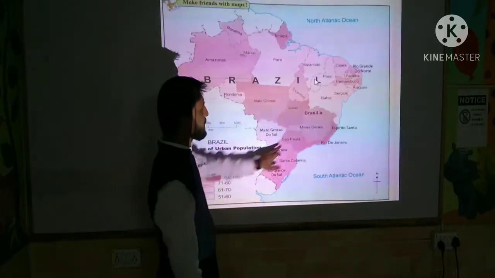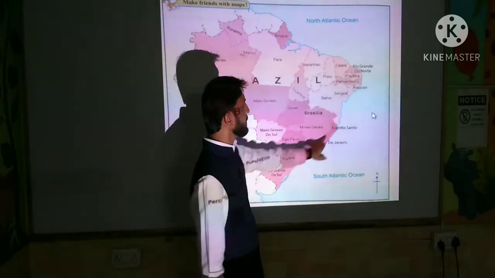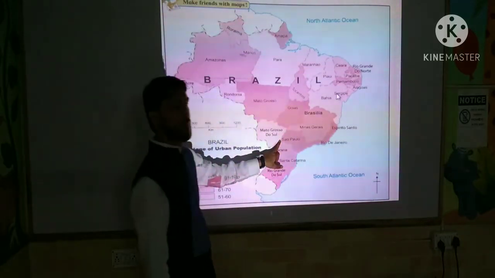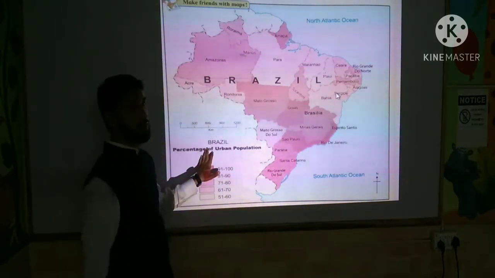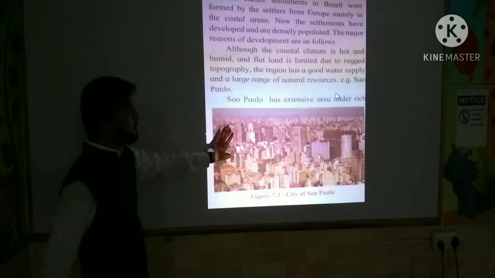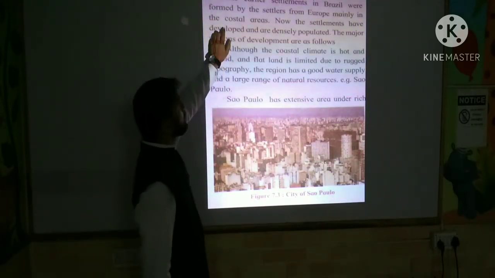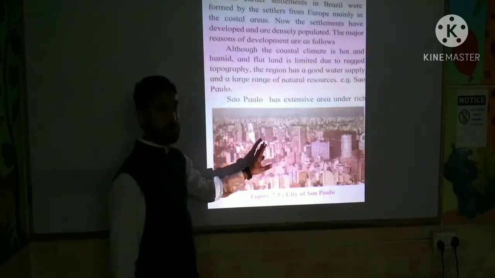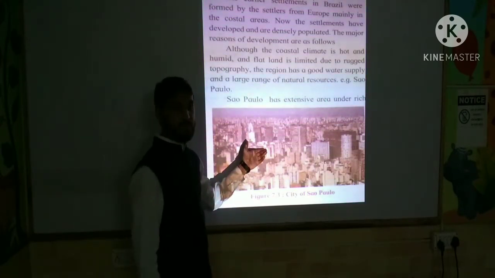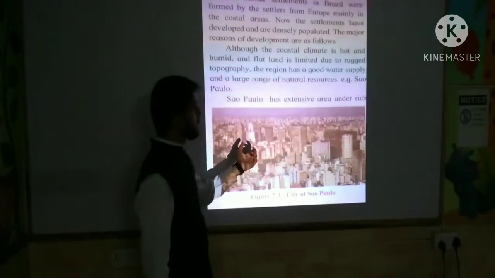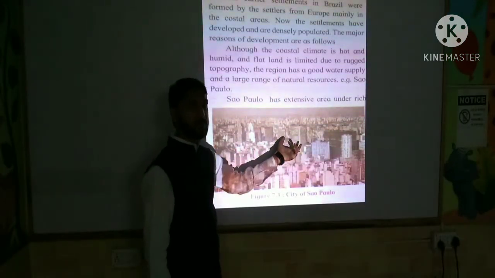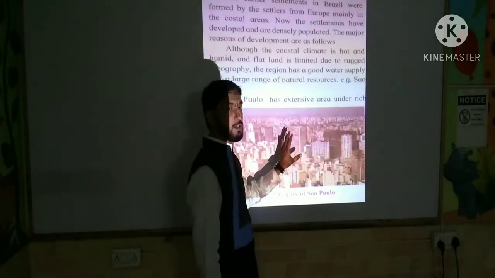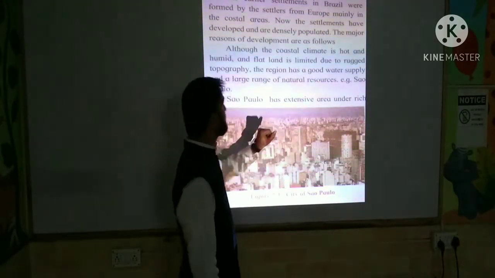These two places are the most populated regions of Brazil. So the earlier settlers were Europeans; Brazil is in the South America continent. So many settlers came from Europe and they settled. Where did they settle? Mostly they settled in the coastal region of Brazil.